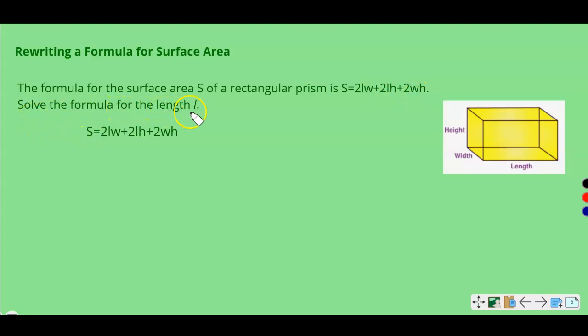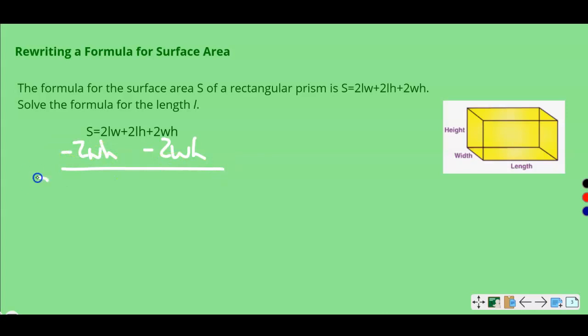Solve the formula for the length L. All right, so we can see 2LW plus 2LH plus 2WH. So this one does not have an L. So just like in the last examples, we're going to subtract 2WH from the other side.